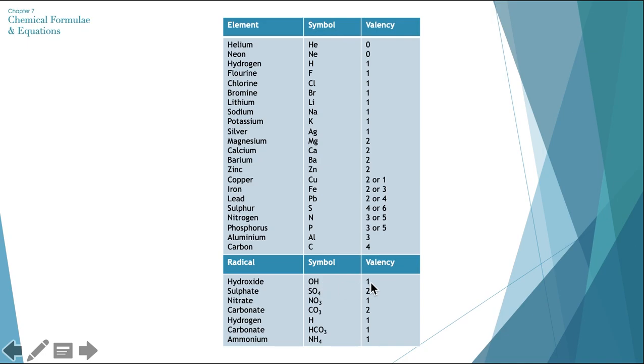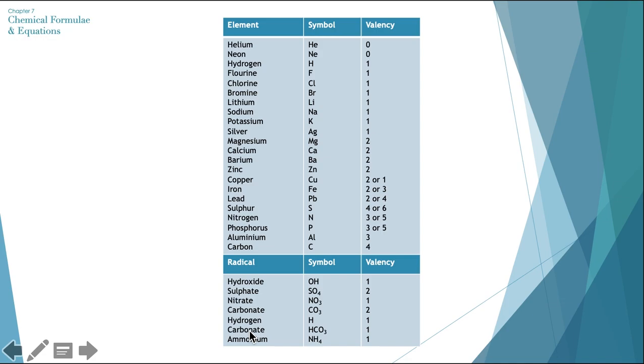But it still has one valence electron. Sulfate, SO4, a molecule, a compound, also has a valency of two unpaired electrons. So radicals are basically atoms, molecules, or ions, anything at all, which still have one or two valence electrons in their outermost shell, unpaired electrons, okay? And they play a very important part in ionic bonding.